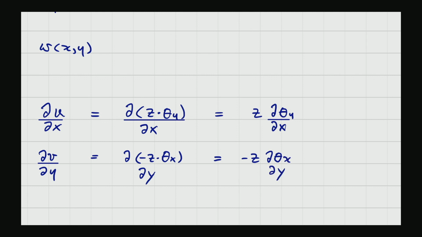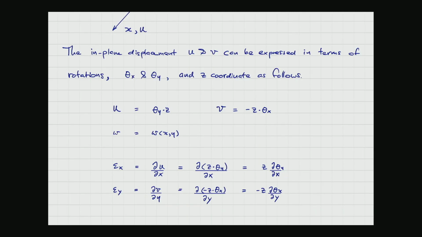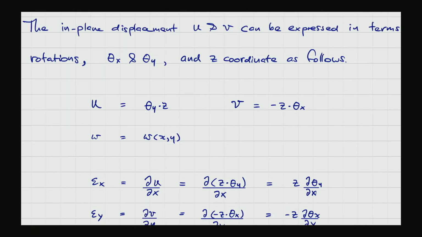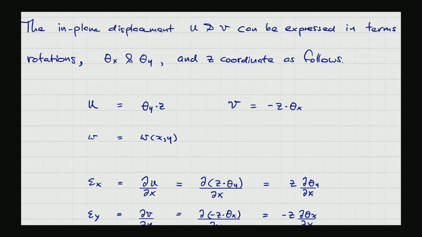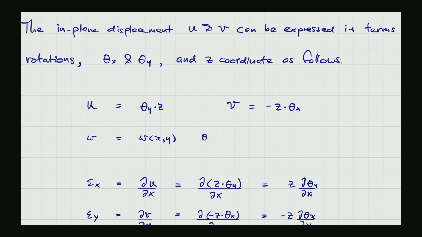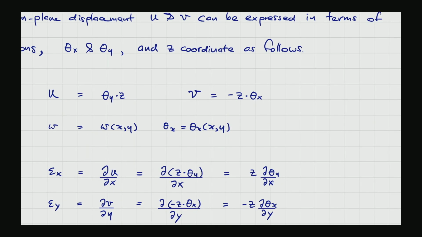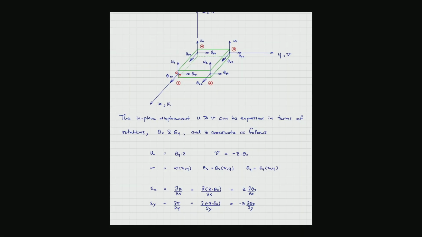So the theta is varying, and theta will be approximated using the shape function later. W will be approximated by the shape function as well. So I might say that theta x is also a function of x and y, or it will be approximated. Now, all of these will be approximated by the shape functions.